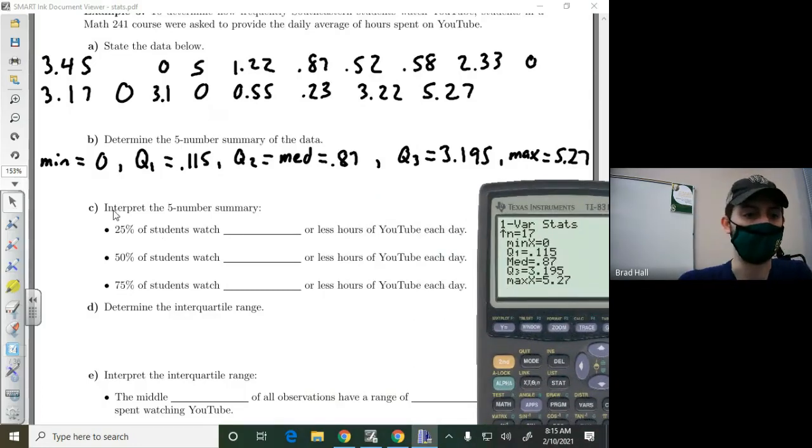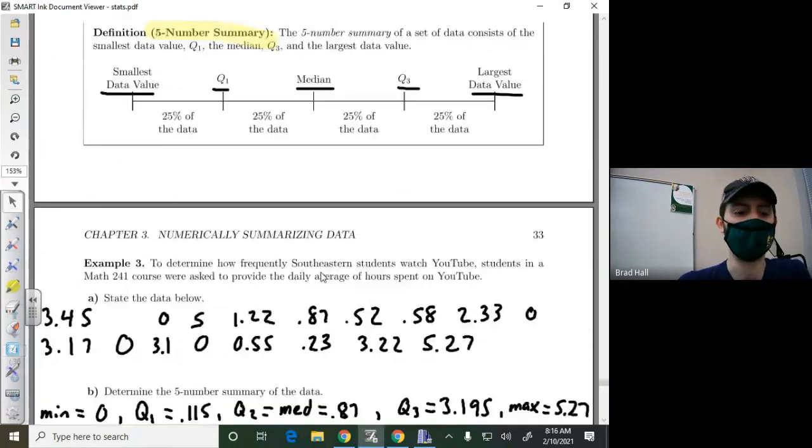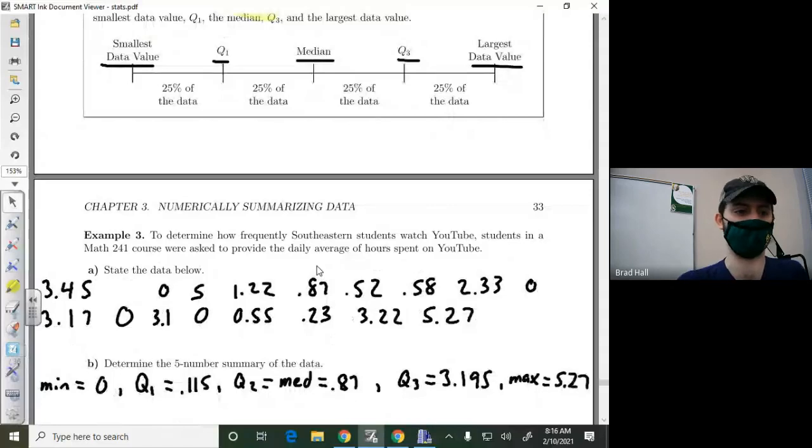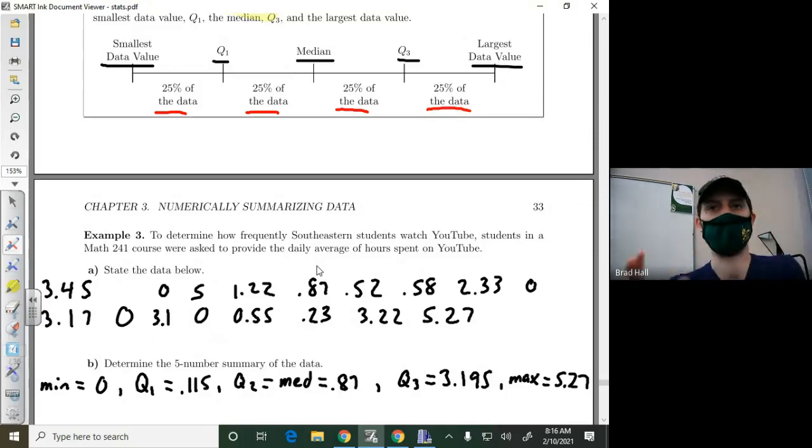Okay, so now we're going to interpret the 5-number summary. Remember, when we stated the 5-number summary last time in class, I talked about how the increments between each value in the 5-number summary all contain approximately 25% of the data.